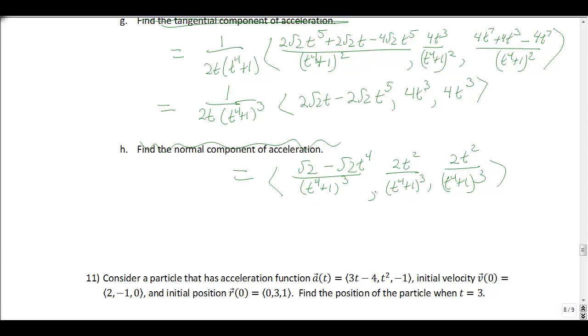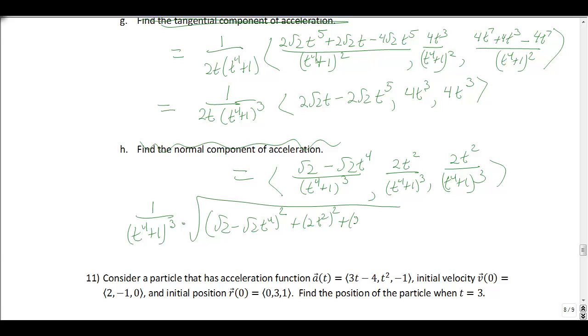And so for our magnitude, I'm going to pull out the t to the 4th plus 1 cubed. I'm going to get 1 over t to the 4th plus 1 cubed times the magnitude of the rest of this: square root of 2 minus square root of 2 t to the 4th, squared, plus 2t squared squared plus 2t squared squared.